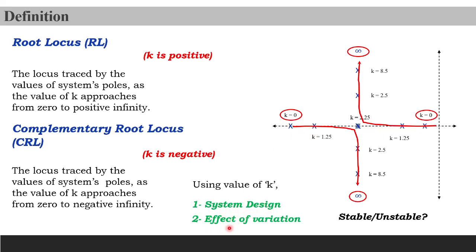And of course, we also want to study the effectiveness of a system. We vary the value of k and study how the system behaves, and how different its characteristics are at different values of k.